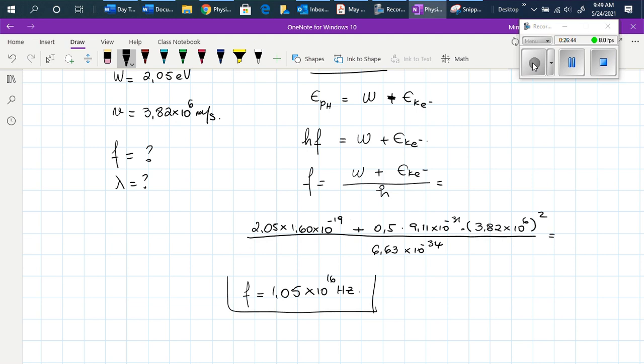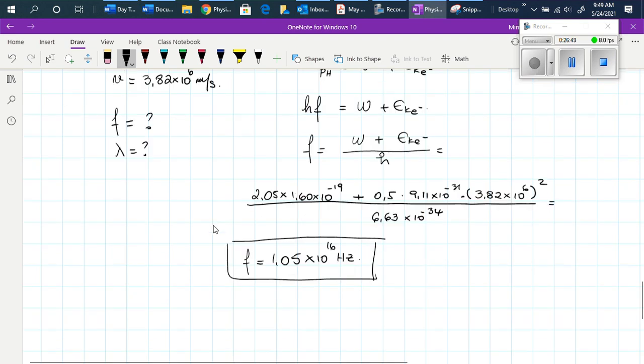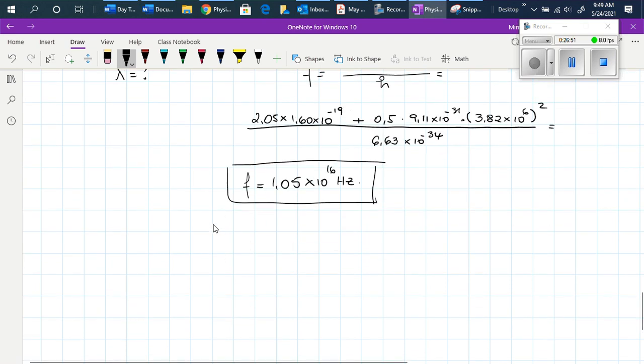And now if we are looking for the wavelength, then we will use the general equation of waves, which says that frequency times wavelength is equal to speed, which in our case, since we are dealing with EMR or light, is equal to the speed of light.